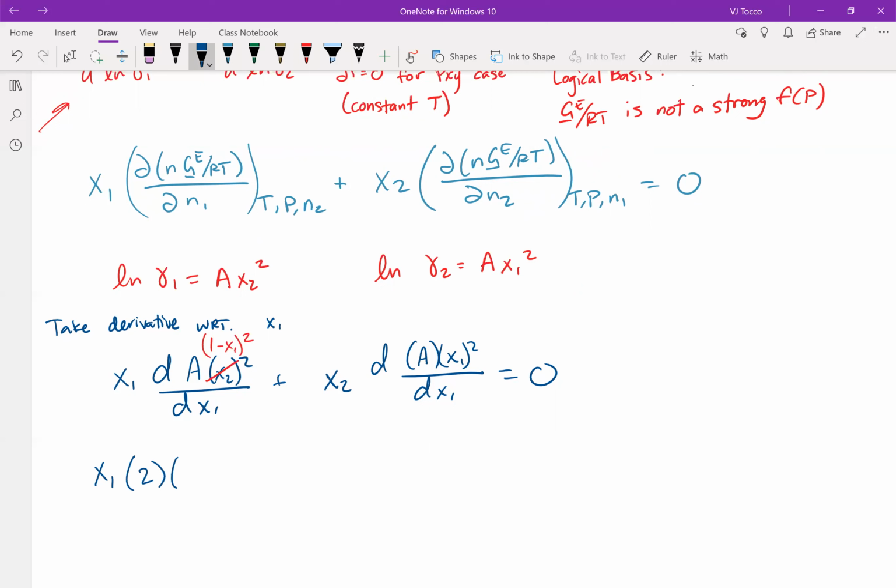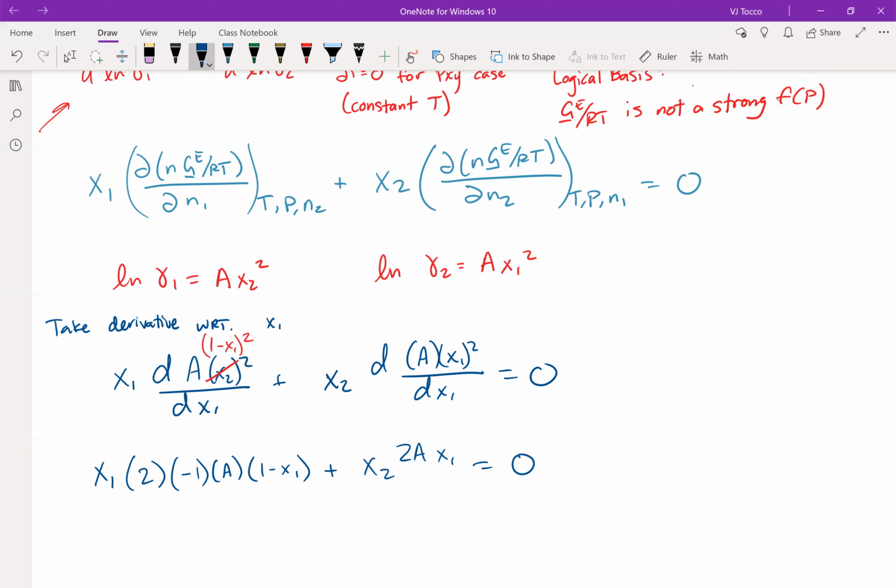So it's 2 times minus 1, times A, and then 1 minus x1, and when I take the derivative, remember this exponent gets knocked down by 1, so it's to the first power. This is a slightly longer way to do it. You can simplify in a moment. Plus x2, and this derivative is a little bit easier. It's 2A x1. That's it. Equals 0.